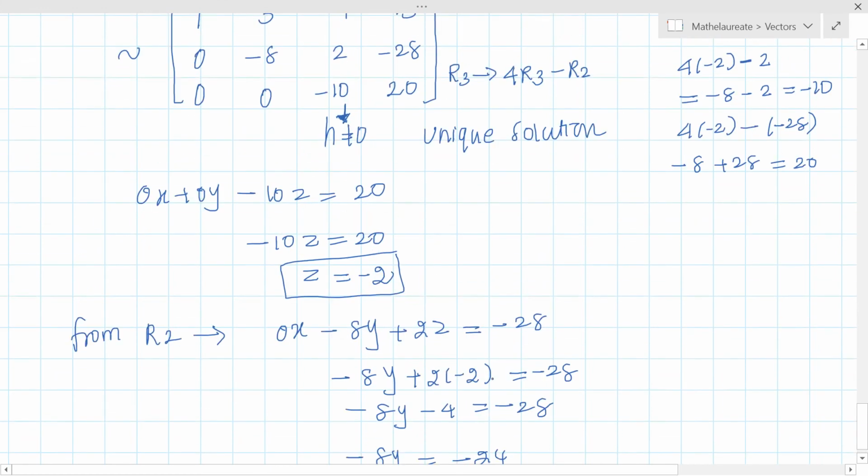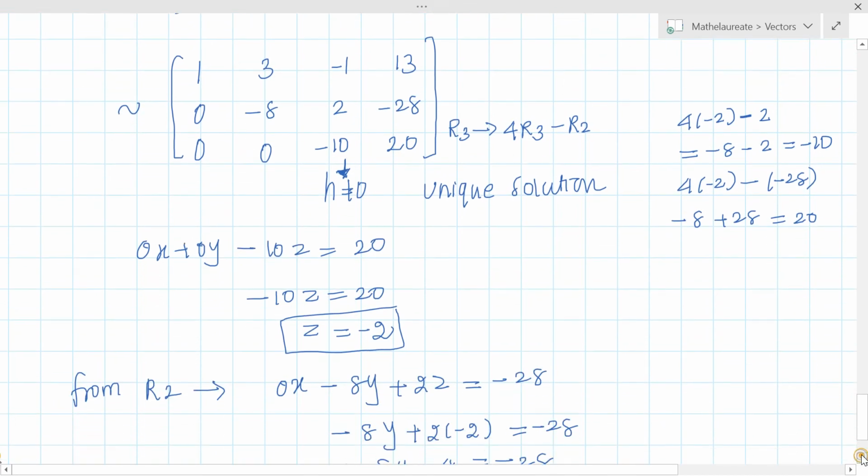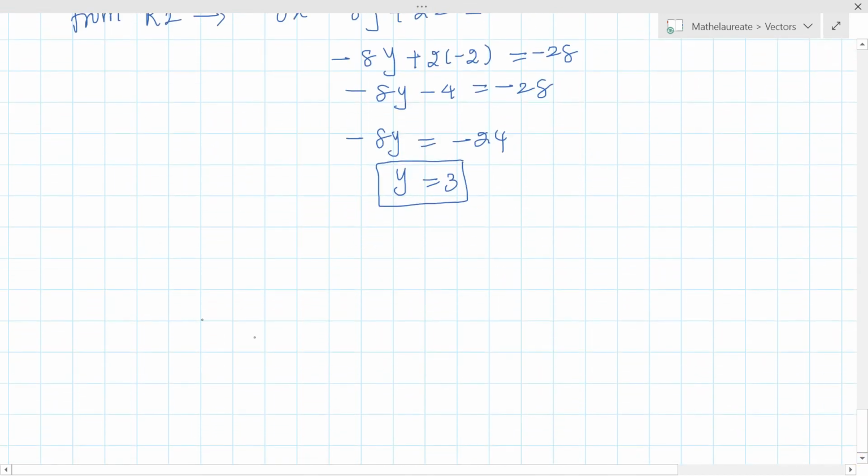Next, we need to get the value of x by plugging these values into the first equation. From row 1, you can see that the equation is 1x plus 3y minus z equal to 13. Right? 1x plus 3y minus z equal to 13. You already have z value as negative 2 and y value as 3.